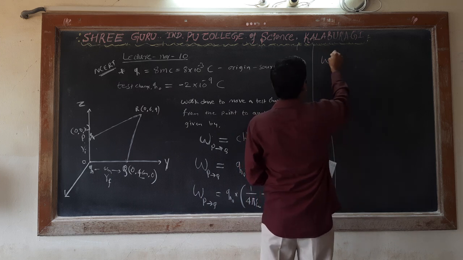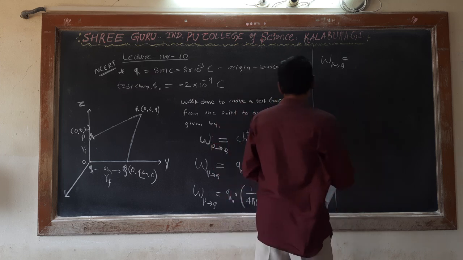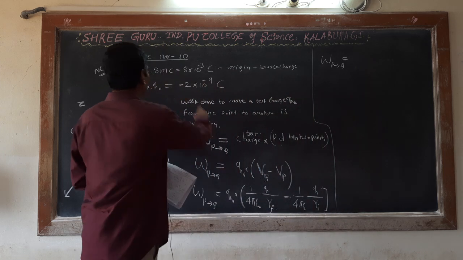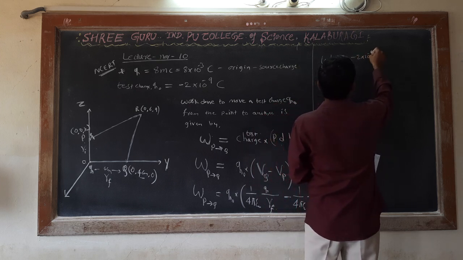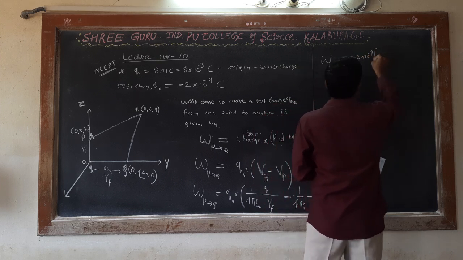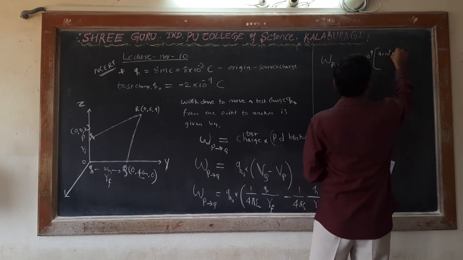Now work done in moving the charge from P to Q is equal to, now substitute the values. q naught value is minus 2 into 10 to the power minus 9. 1 by 4 pi epsilon naught is 9 into 10 to the power 9.